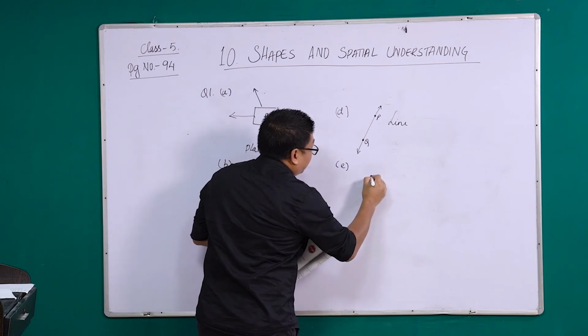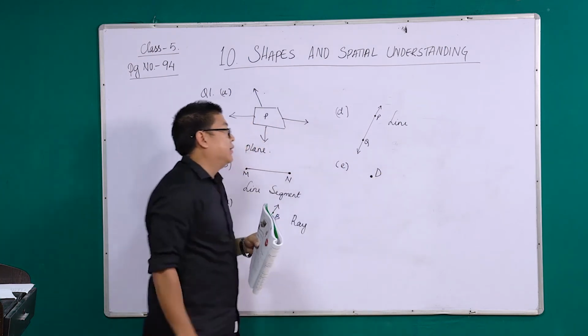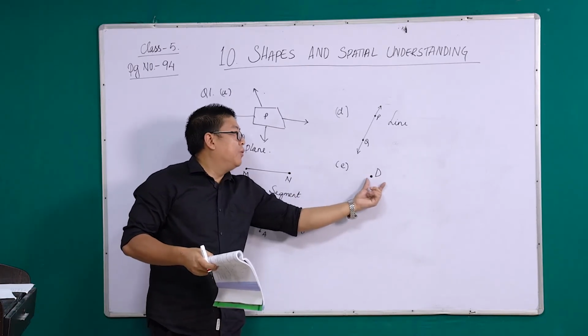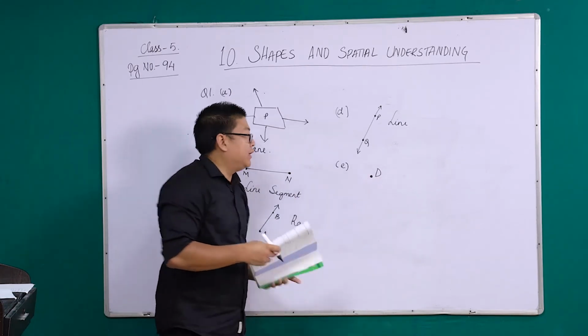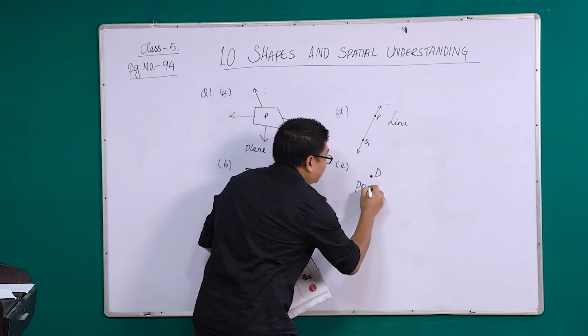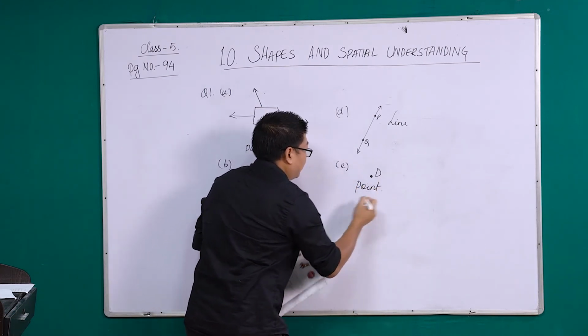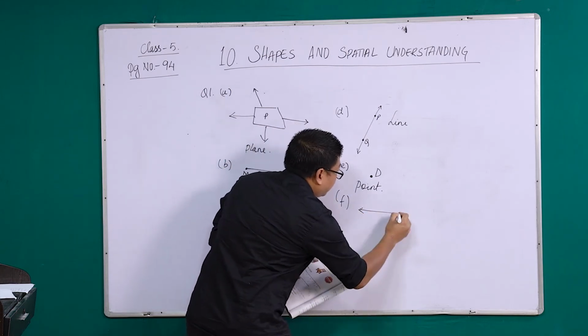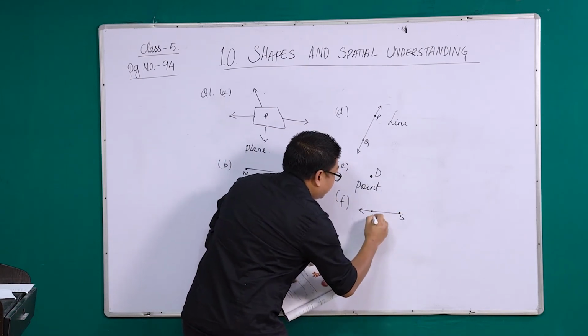In D, a dot is given with a mark D. So here in E, we know that this simple dot can be called as, the other name for this is point. And finally, they have given us this figure.